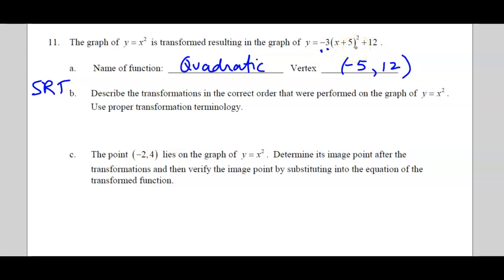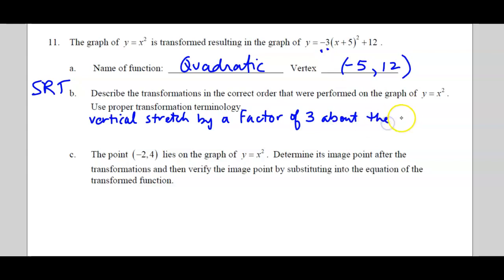Okay, so we've got to say the stretch first. So we say vertical stretch by a factor of 3. And we need to put in about what axis.